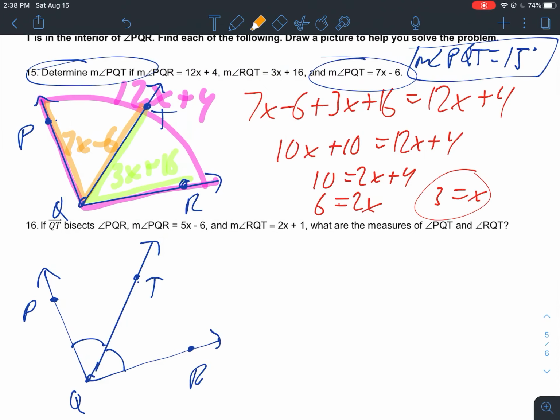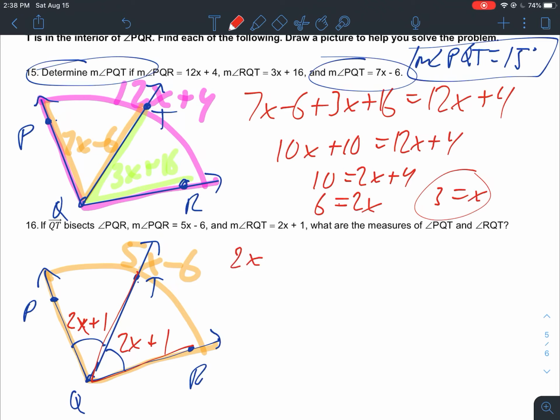So PQR, this big angle here, is 5x minus 6. RQT, this little angle here, is 2x plus 1. Now those two angles are not equal. Okay, the 5x minus 6 and 2x plus 1 are not equal. But I know these arc marks tell me that this is also 2x plus 1 because those two angles are equal.